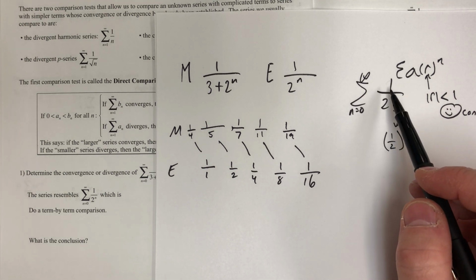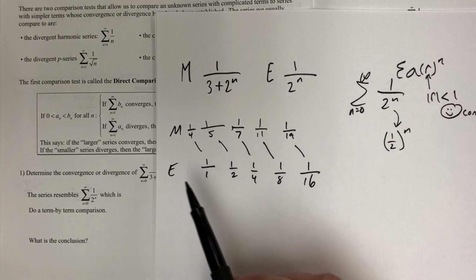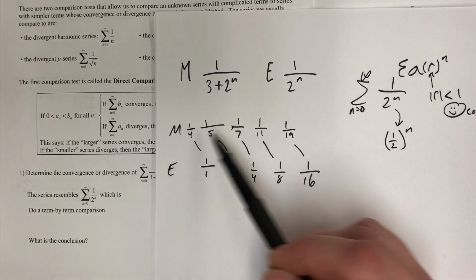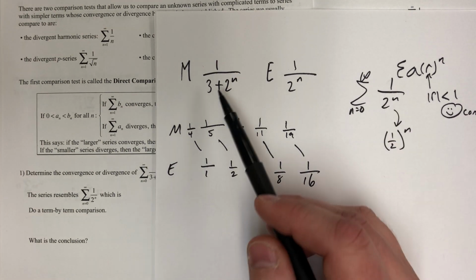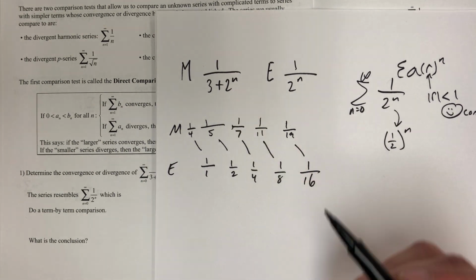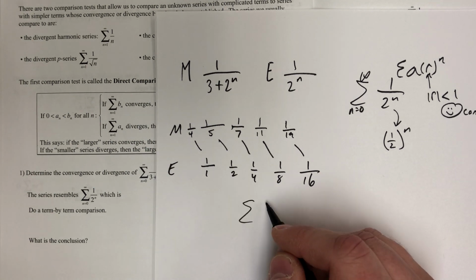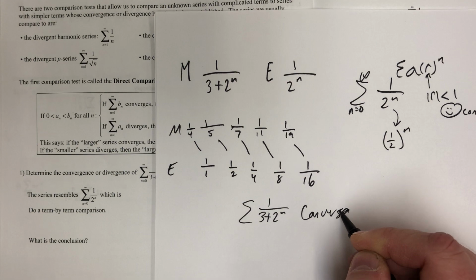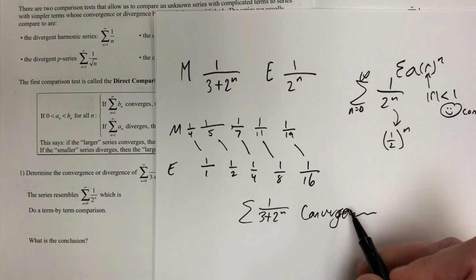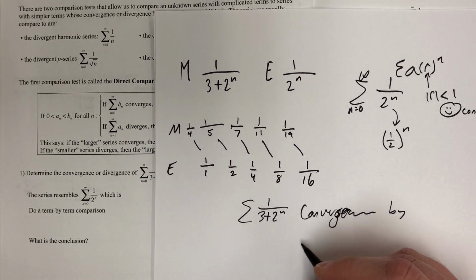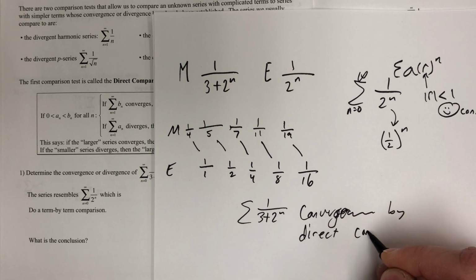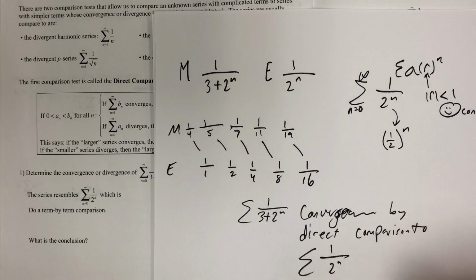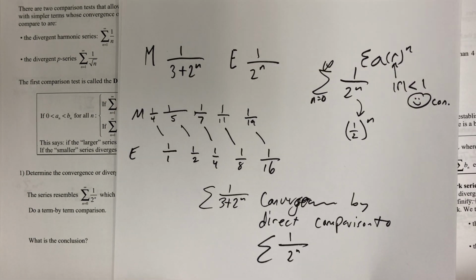Since this is convergent, and E's bigger than M, M converges too. M's smaller, so E is convergent and M is smaller than it, so M is convergent too. I pretend I wrote converges by direct comparison to 1 over 2 to the n. That's how this works.